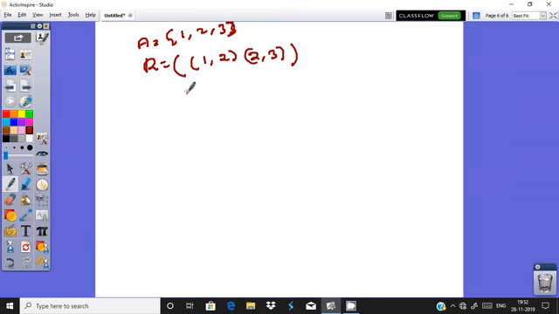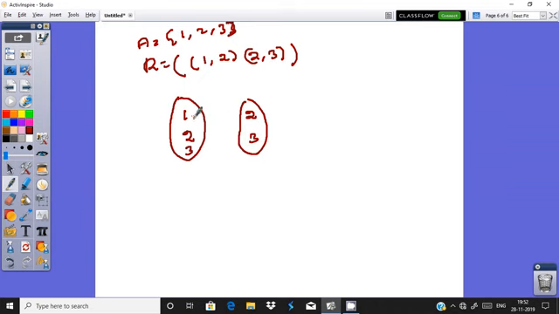Now when I write like this, the x elements are 1, 2 and 3, and the y elements are 2 and 3.